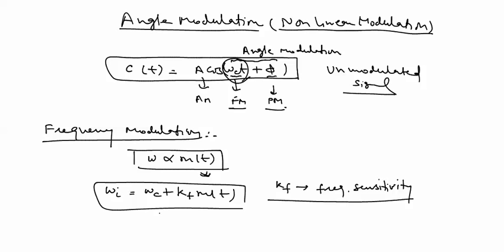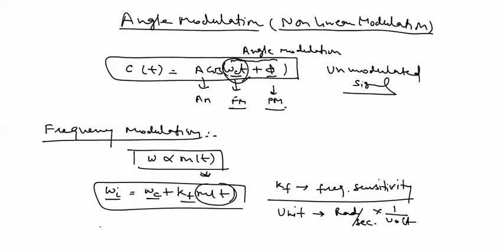We can determine the unit of kf also: radian per second per volt. Here we take the message signal as a voltage, though it may be current; we generalize with the message signal in voltage terms. kf indicates the change in the carrier frequency for 1 volt of message signal change.